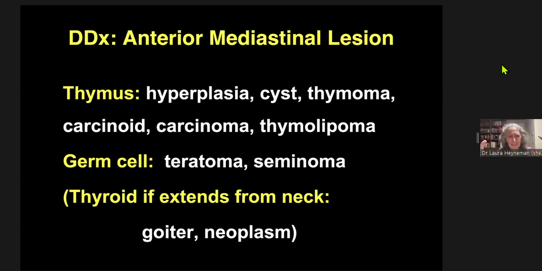Just a little shout out that there is, in fact, a whole host of thymic lesions, a whole host of germ cell lesions. So you may think thymoma just to remember a T, but remember to actually broaden that differential when you're talking about the thymus, and same with germ cell tumors.